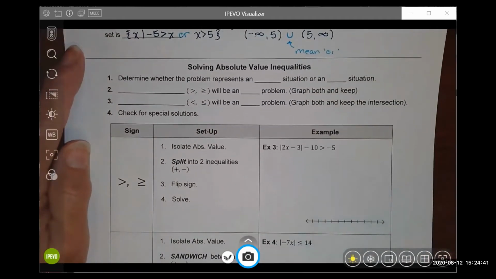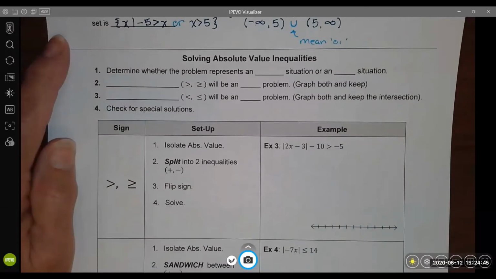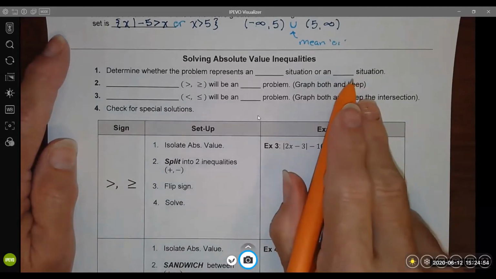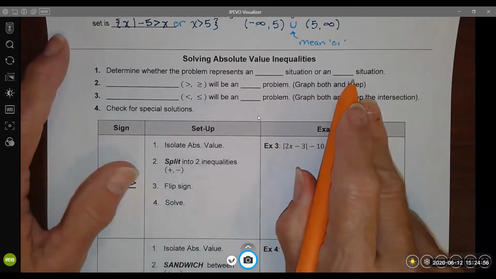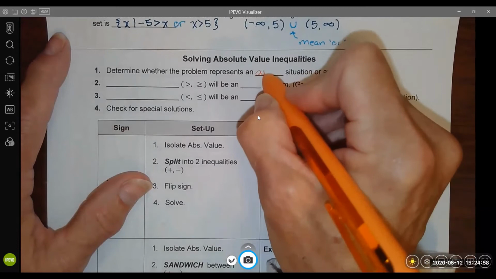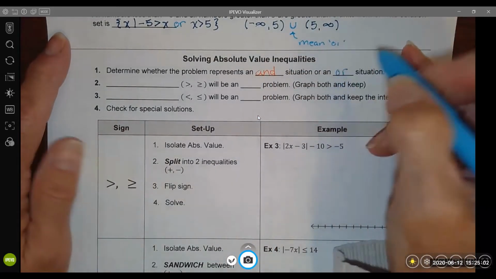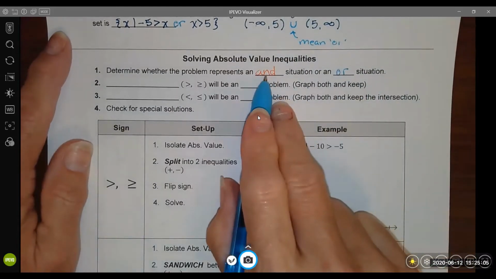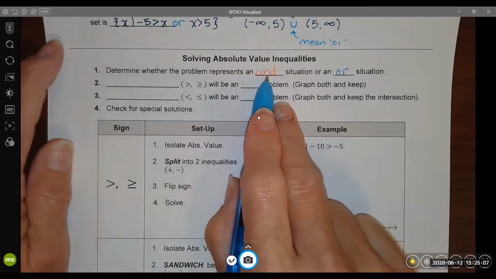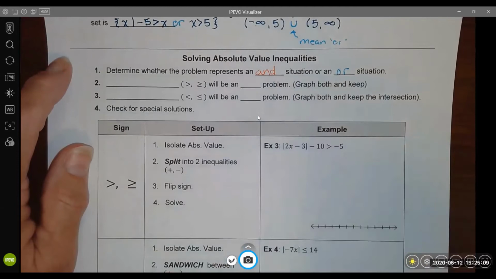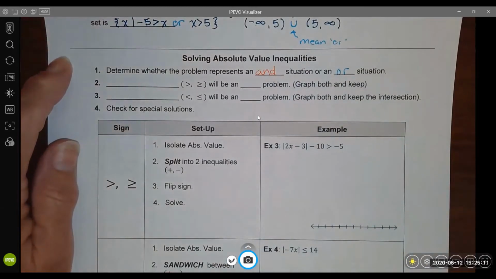So now we're going to talk about what it means to solve an absolute value inequality that's a little bit more complicated than what we just saw. Well, there are some defined steps. The first thing we need to do is think about what our solution set is going to look like. So is it going to be an and statement, or is it going to be an or statement? It will be one of the two. Either my solutions live between the two endpoints, or they live outside the two endpoints.